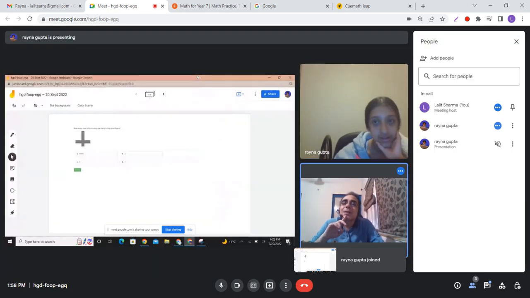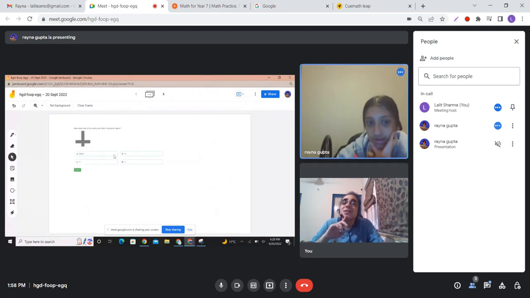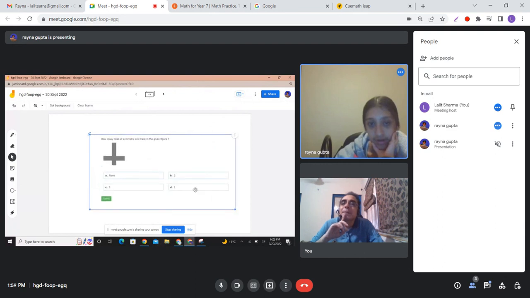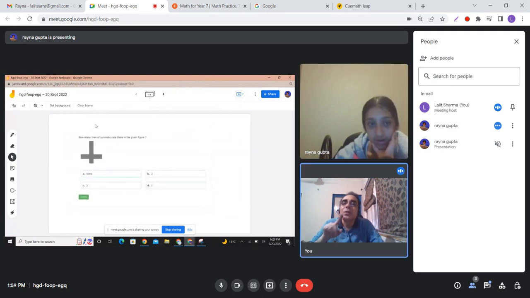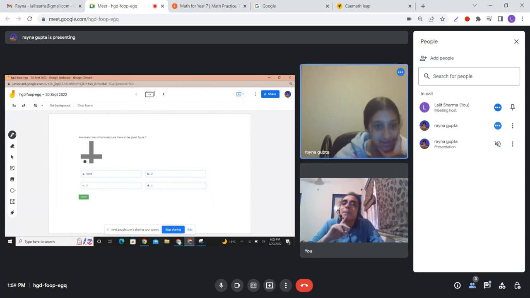Yes, so the line of symmetry, is it possible to draw? You can use the line tool to draw. You can't do this because it just doesn't add up. That way is not possible. Can you divide it across the y-axis?